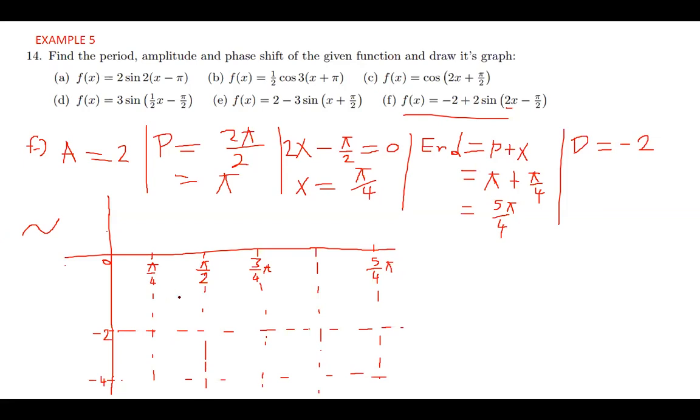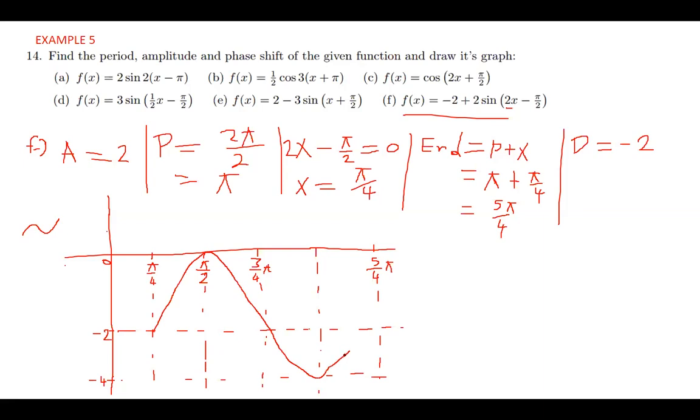And then my amplitude is 2. So if you remember, I said that my highest point is going to be on the 0 axis, and then my lowest point is going to be on the negative 4 axis there. So I'll start like that. I'll go up, come down. Then my lowest point is there.